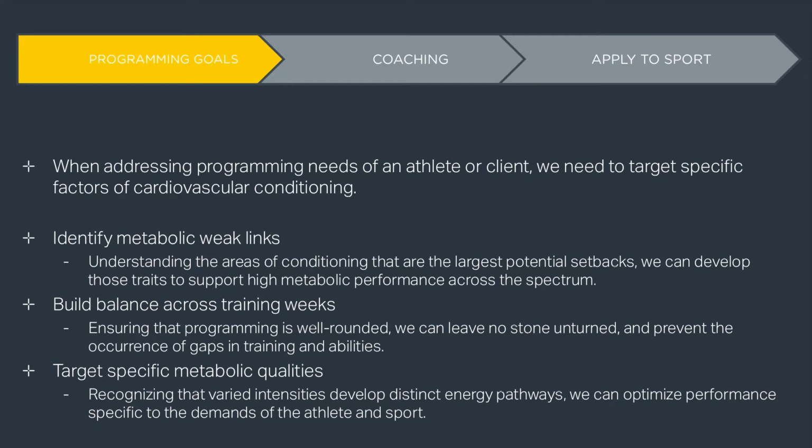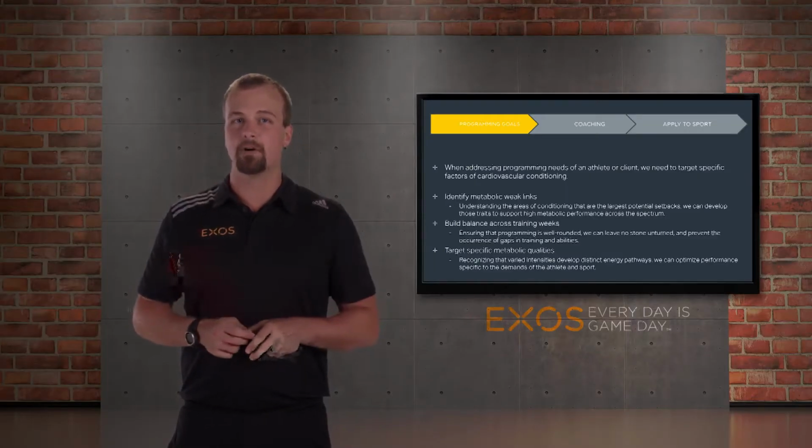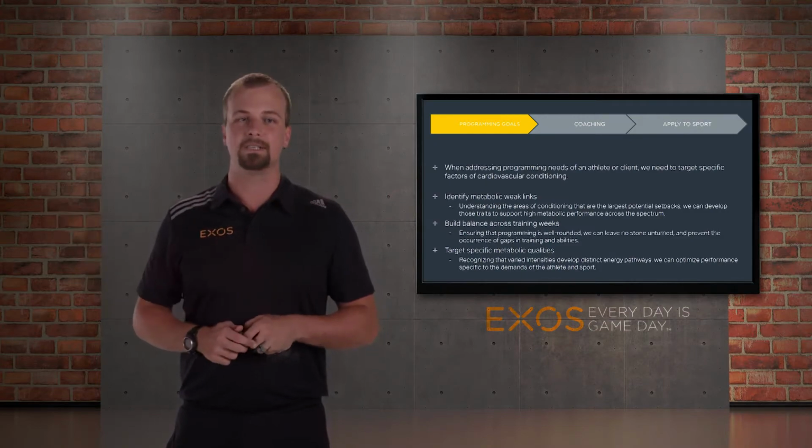Next, we want to build balance across training weeks, ensuring that programming is well-rounded, so we leave no stone unturned and prevent gaps in training and abilities. Finally, we target specific metabolic qualities by recognizing that varied intensities develop distinct energy pathways, and we can therefore optimize performance specific to the demands of athlete and sport. This three-step process gives us the framework to start to program our ESD training session.